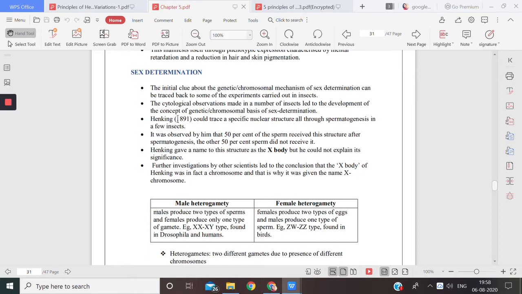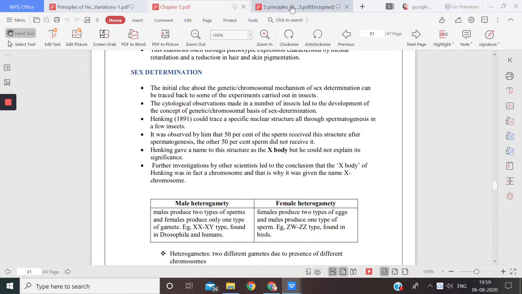Henking said that this nuclear structure was received by only 50% of the sperms after spermatogenesis, and the other 50% of sperms did not receive it. They did not receive the nuclear structure. I hope you understood what I mean to say here.